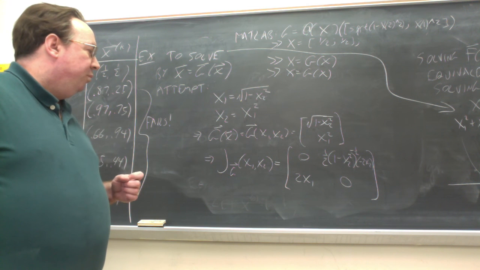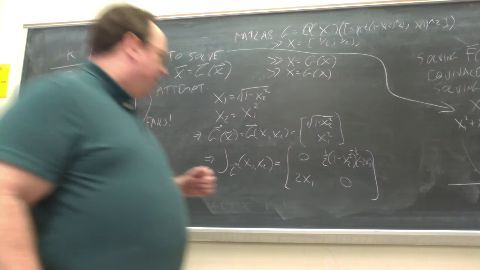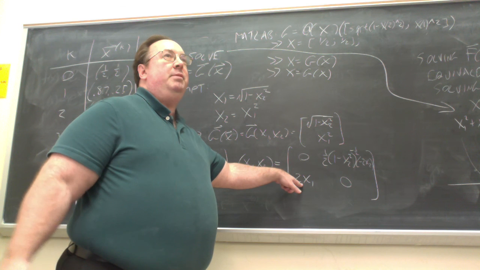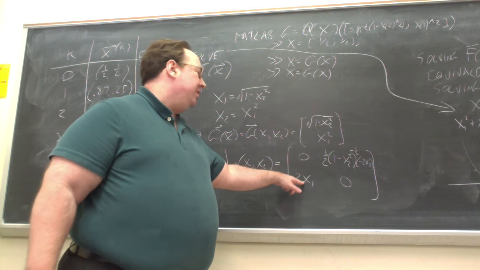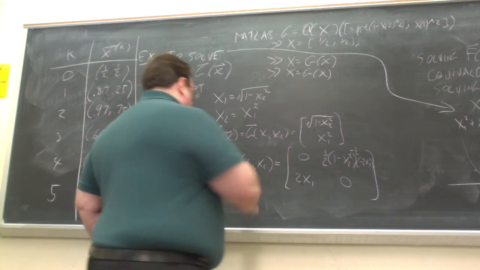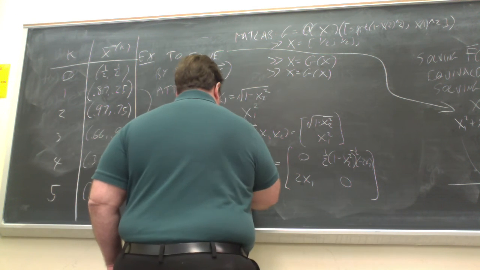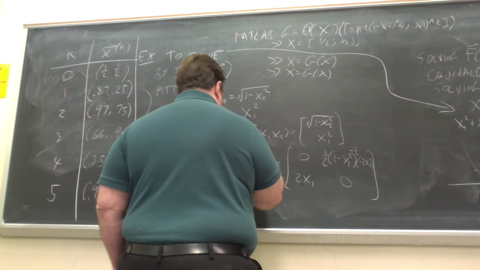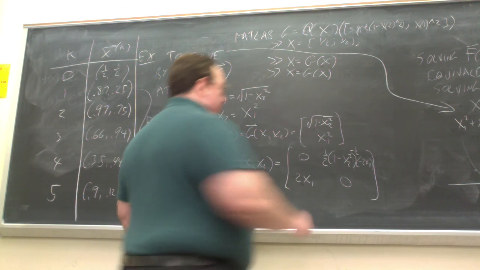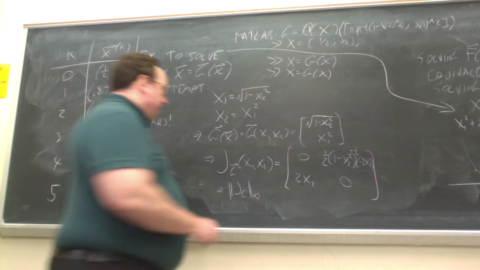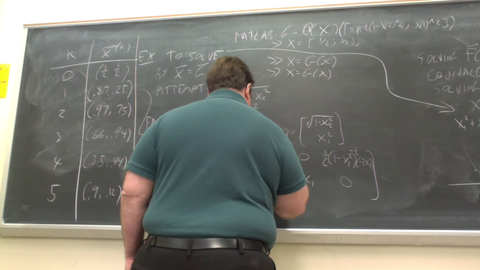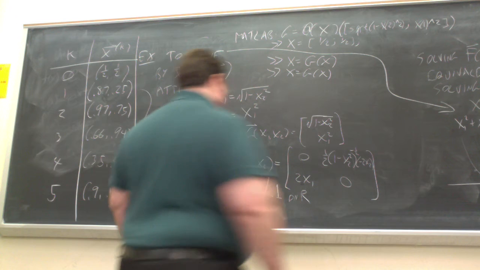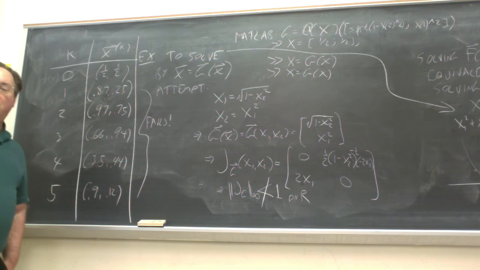And what we can see here is, if we take a look at this, 2x1. Well, x1 could be between 0 and 1, so this could be as large as 2. So the norm, I can just look at the infinity norm, which is the largest row sum, is not less than 1 on our square that we're working with.